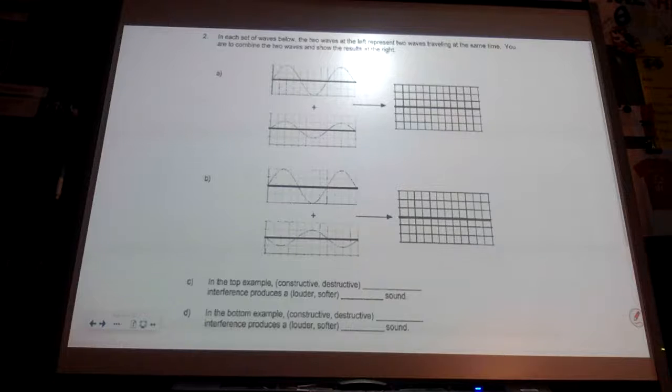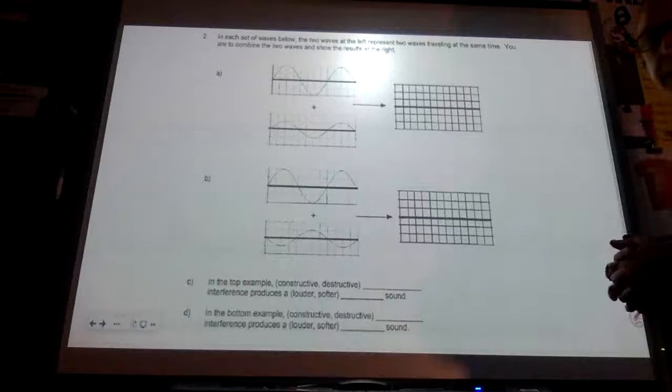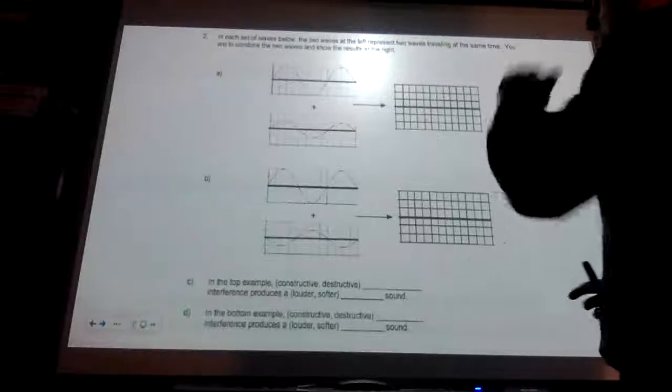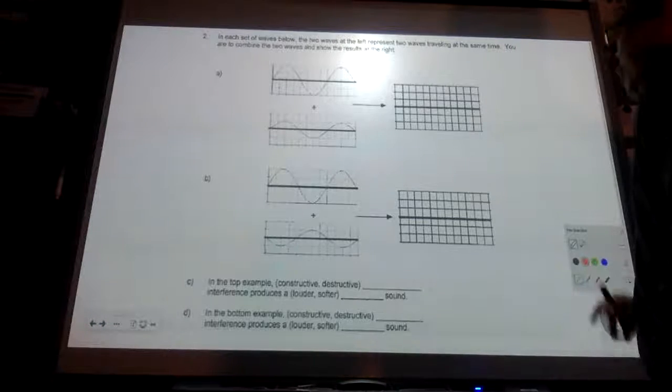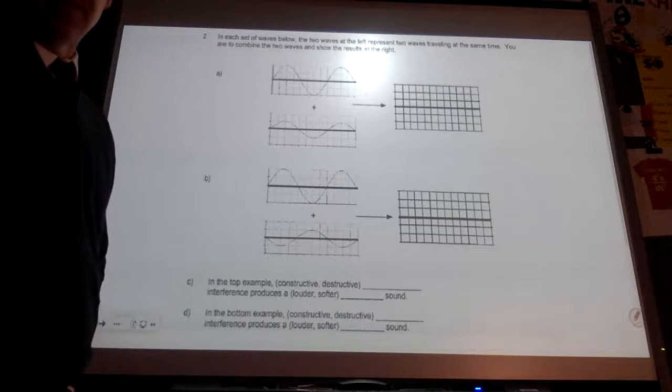All right, in each set of waves below, the two waves at the left represent two waves traveling at the same time. You are to combine the two waves and show the results to the right. So this is going to be interference. So I'm going to change the size of this. And I'm going to look at where my mins are and my maxes and try to match it up.